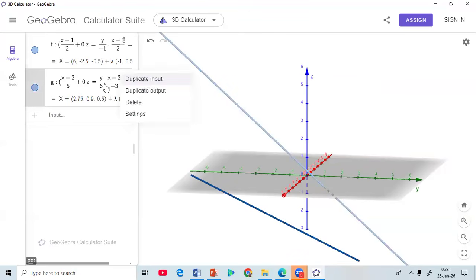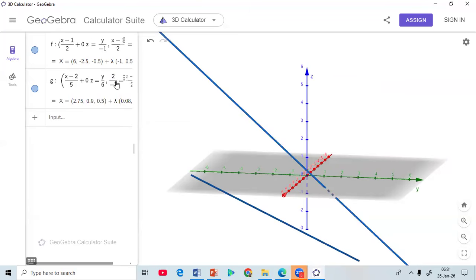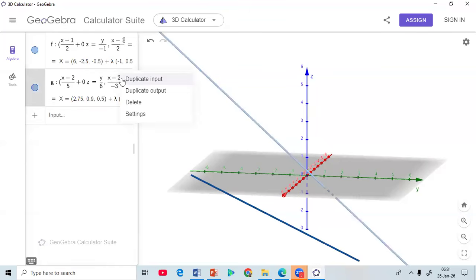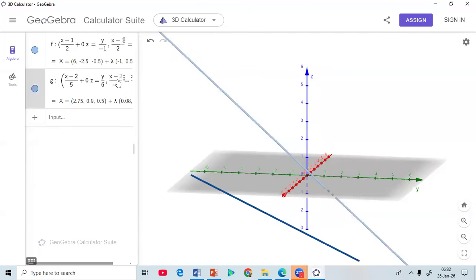Then I come to the second line: x minus 4 out of 1 equals y plus 3 out of 1 equals z plus 3 out of 2.